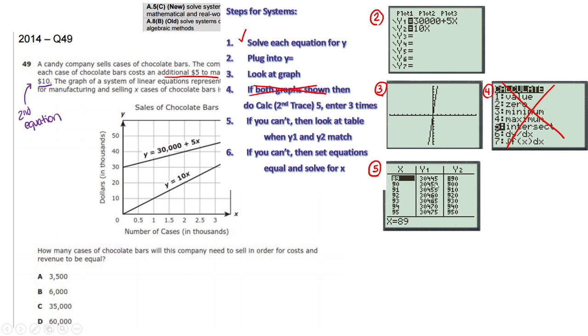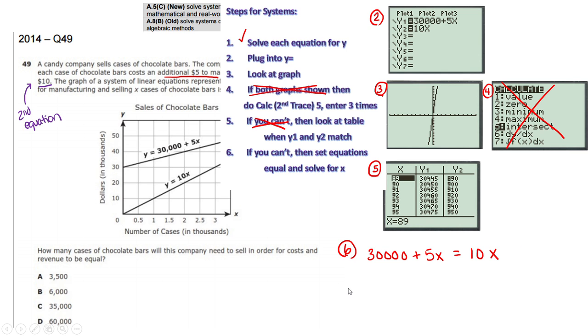In case you can't use your y1 and y2 to get the answer, then you set your two equations equal to each other. And what I mean by that is you leave off the y's and you set 30,000 plus 5x equal to 10x. So basically you're setting your mx plus b's equal to each other. All right, now, if this was your equation and you had to solve it, you have to apply the rule that we just did.